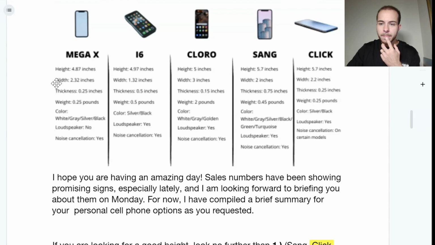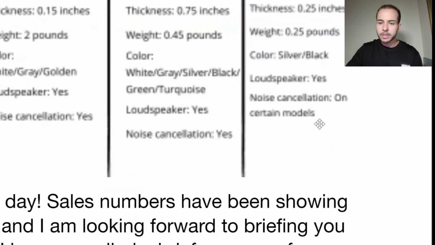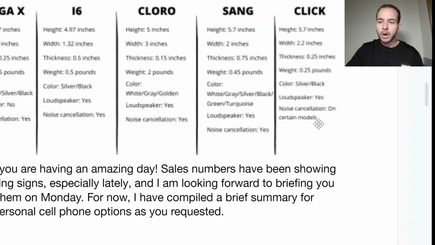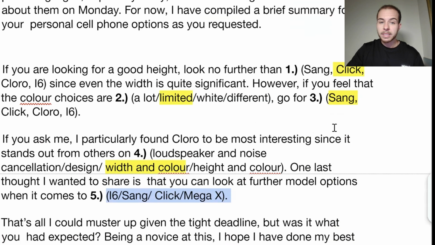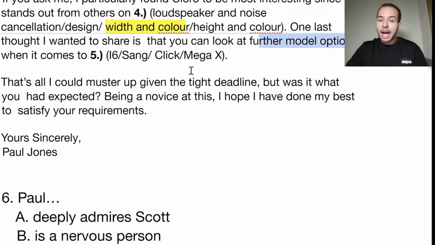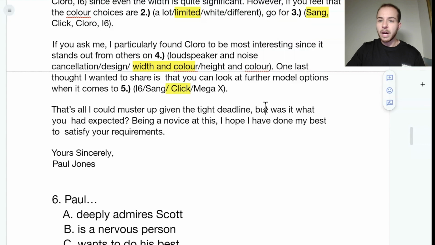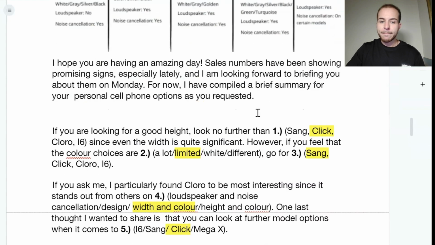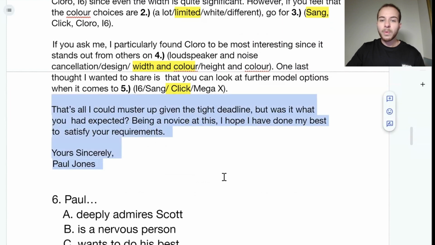The only thing I'm seeing is that on the Click it says on certain models. That's the only phone that mentions other models. And that would make sense. Further model options. Okay, so it has to be the Click. The Click is the only one that mentions other options. And I'm not going to read this part, but we might need that later.